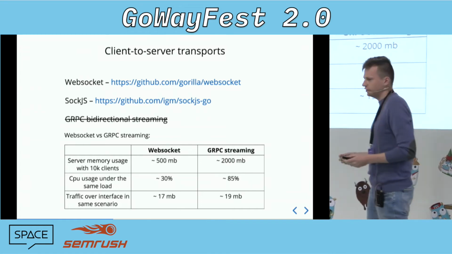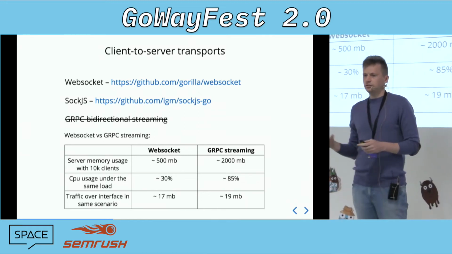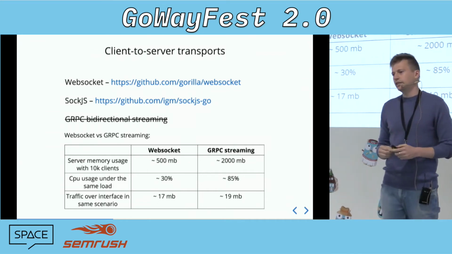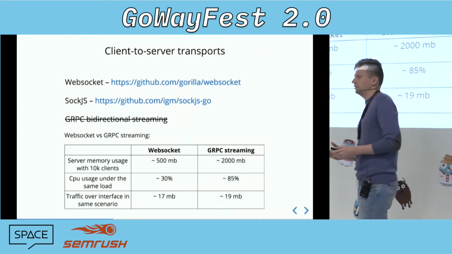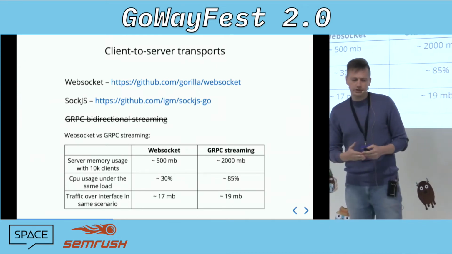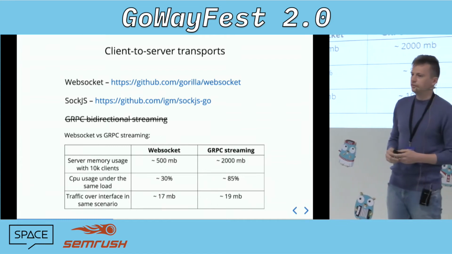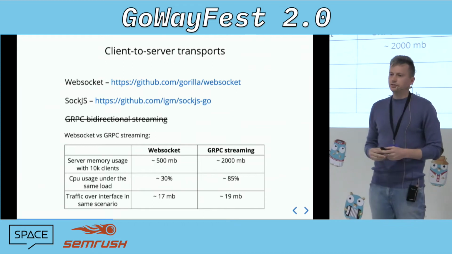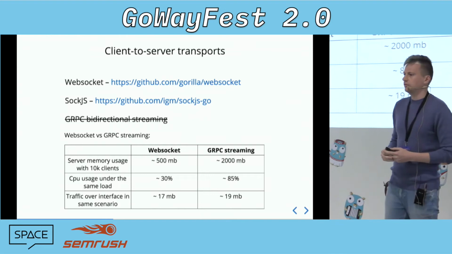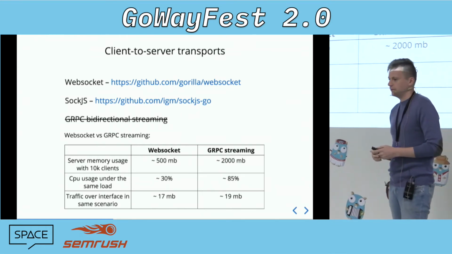I also tried gRPC bidirectional streaming while developing version 2 of the client-to-server protocol. But after making some measurements, I realized that gRPC just does not provide any advantage over WebSocket. For example, if we land 10,000 clients on one Centrifuge node, then memory consumption on the server will be 500 megabytes in the WebSocket case and 2 gigabytes of RAM in the case of gRPC streaming.